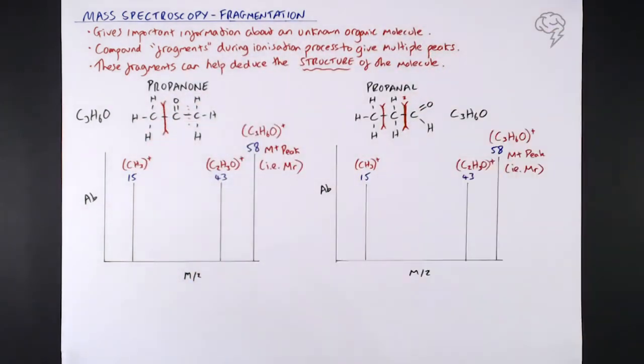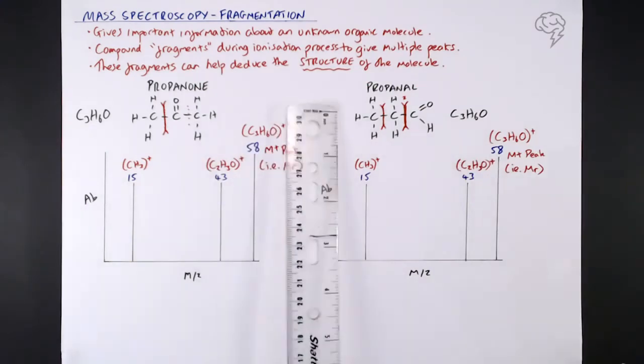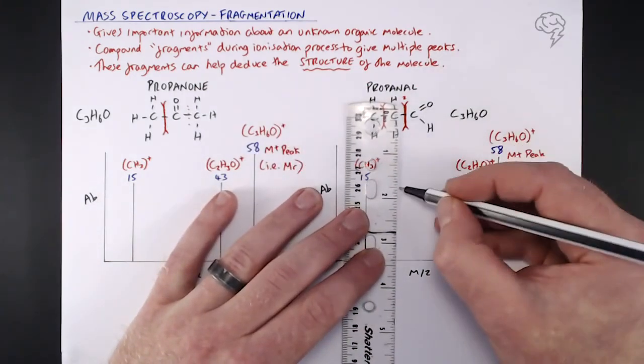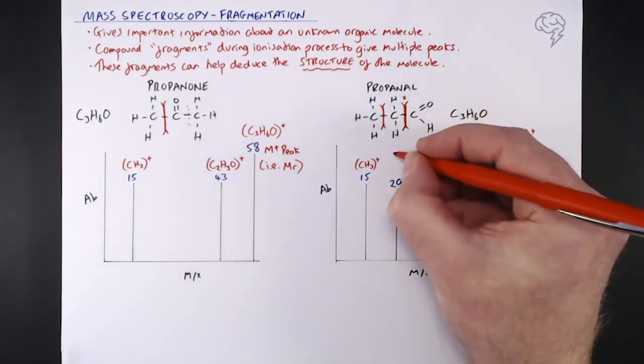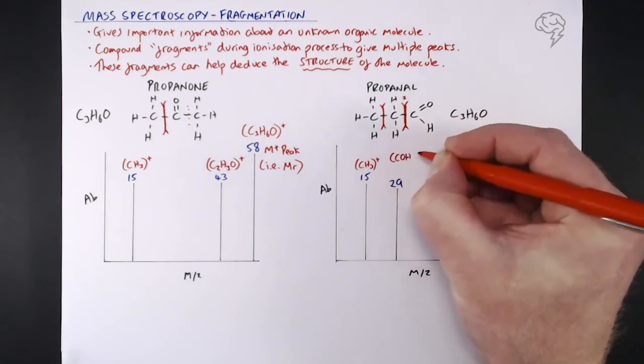Here, it's different. So if that bond on the right-hand side broke, the one I've labeled number 2, we're going to get another peak at 29 and only another peak at 29. The reason? Well, the two fragments that cause that peak at 29 have the same m/z value.